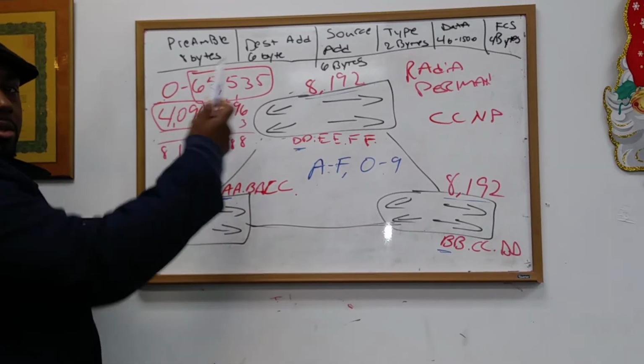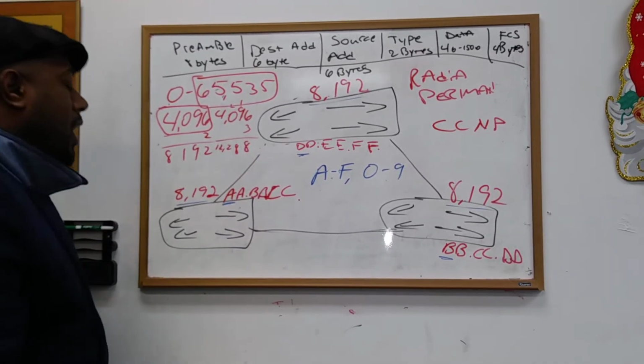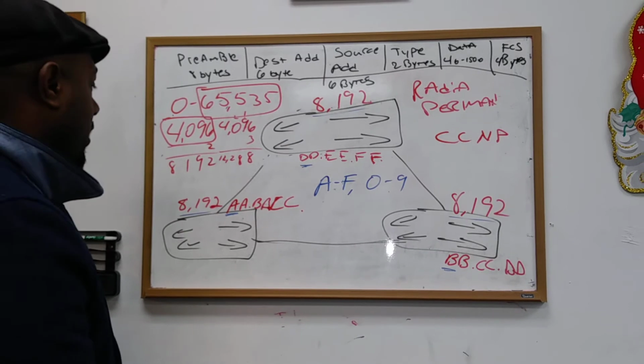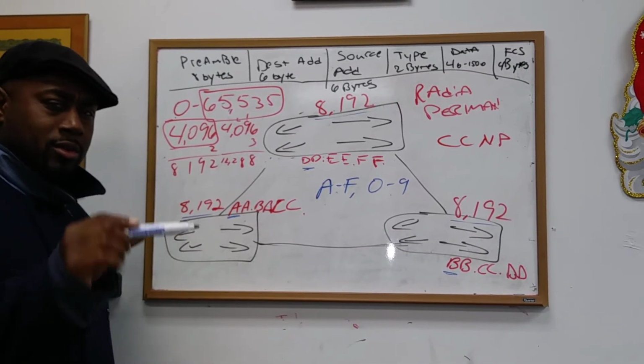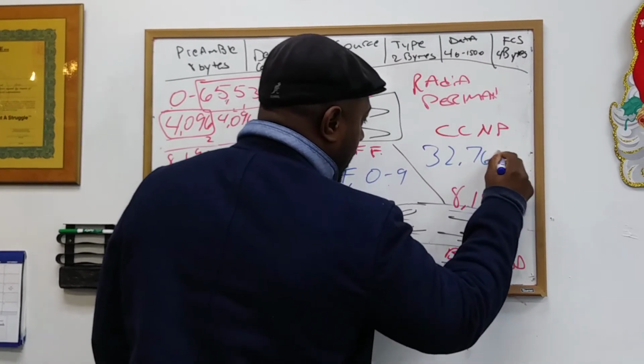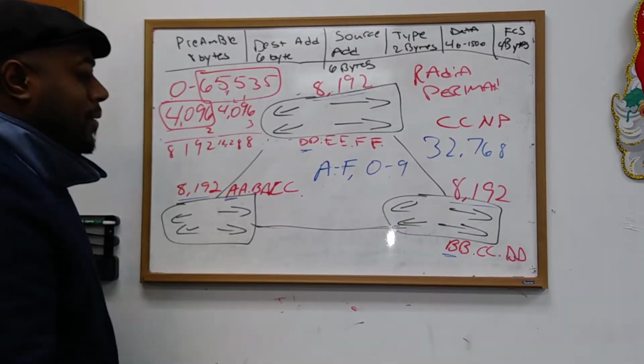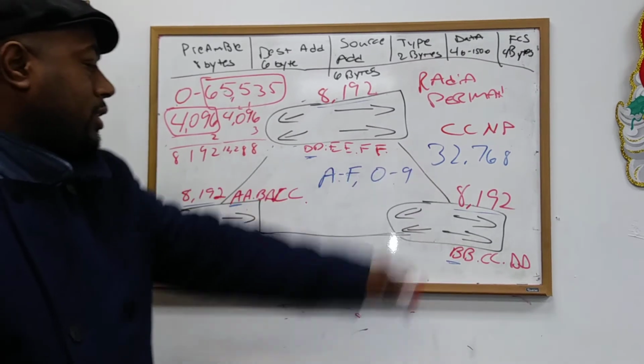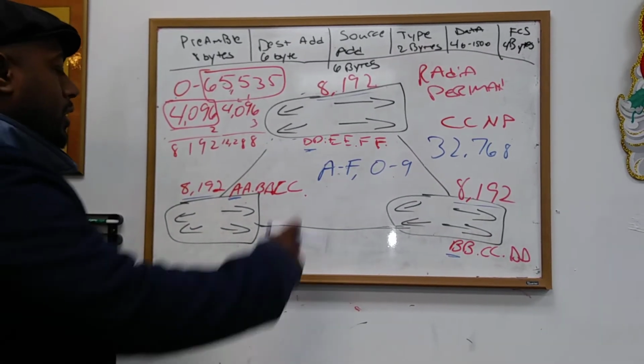So the priority is 0 to 65,535, and the default priority is, you remember, 32,768. Also, this number, the priority, has something to do with the year that the switch came out.